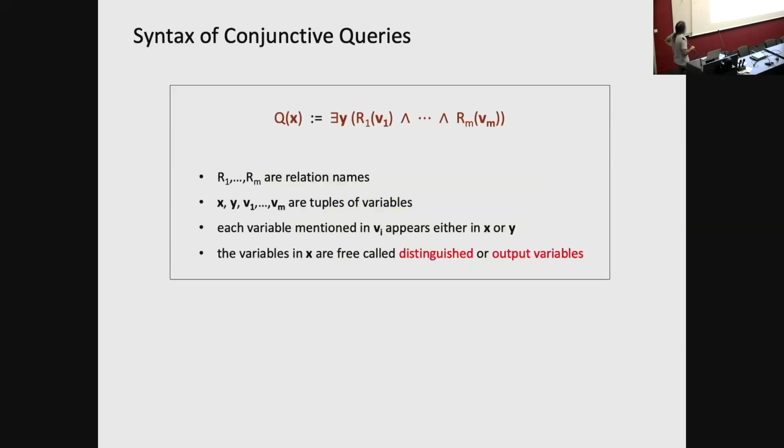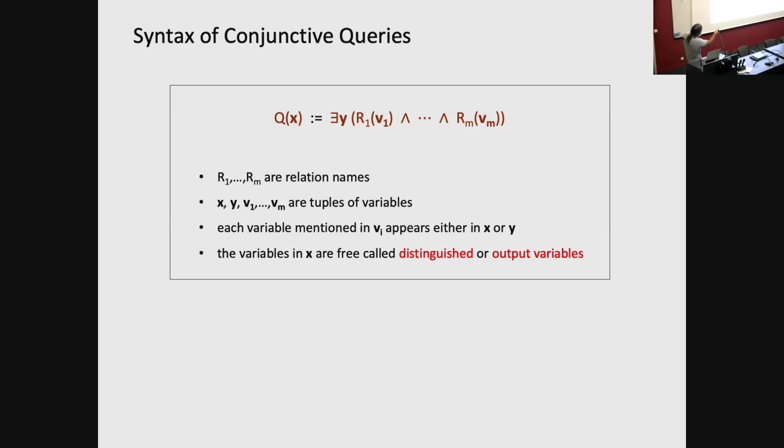Just to be a bit more precise, a conjunctive query looks like that. It's just a conjunction of atoms. R1 up to Rm are relation names coming from some schema. All these X, Y, V1, up to Vm are tuples of variables coming from our variable set.